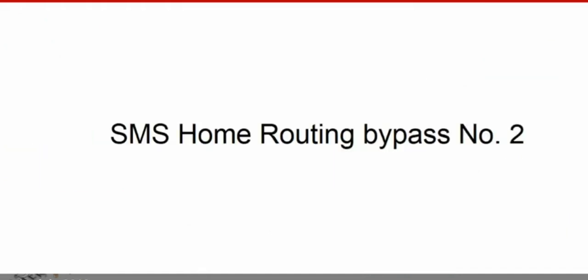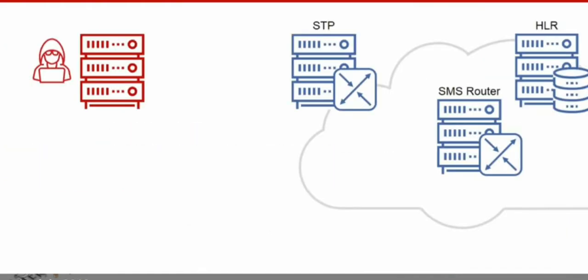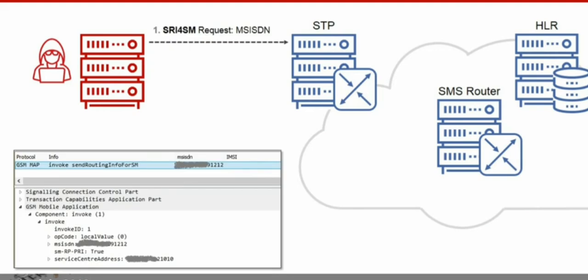One more technique to bypass SMS home routing. Again, when an intruder appears in the SS7 network and tries to retrieve an IMSI from some network, the STP routes this message to the SMS router.